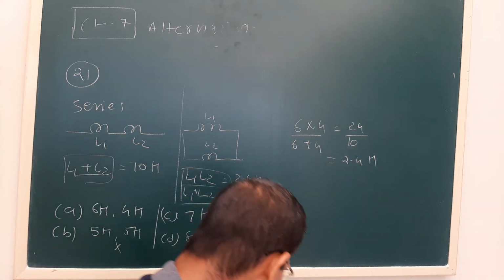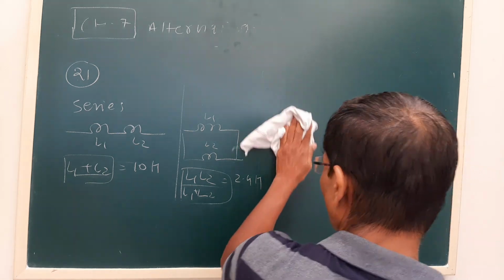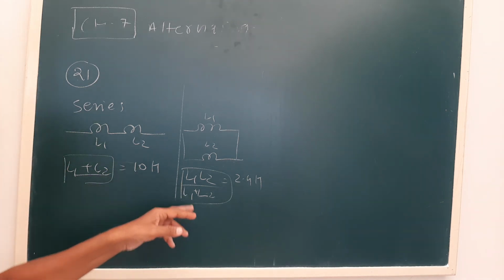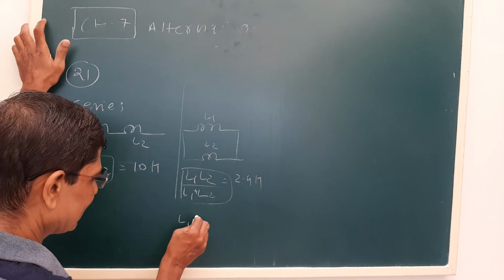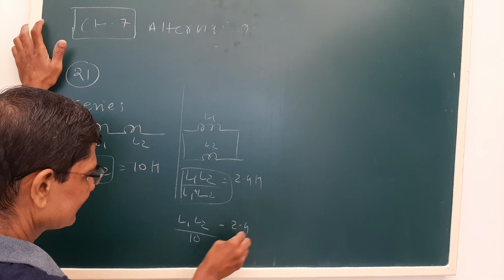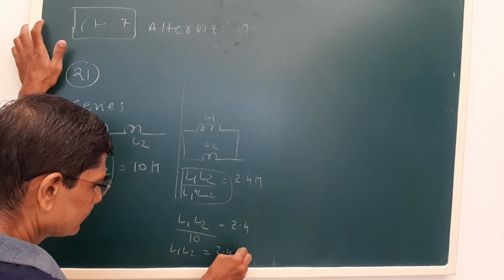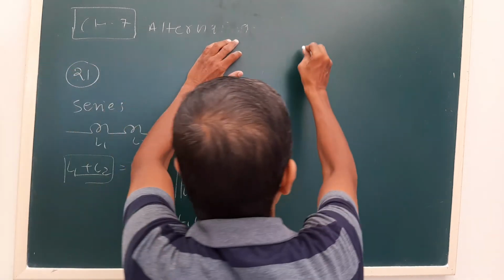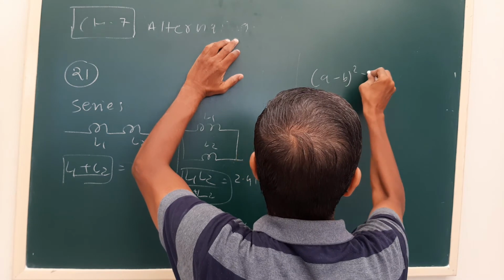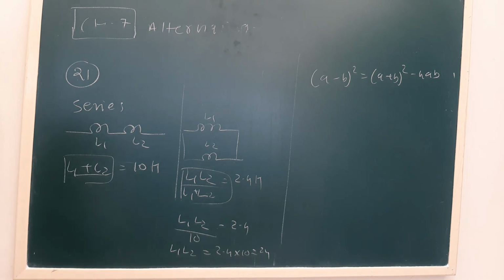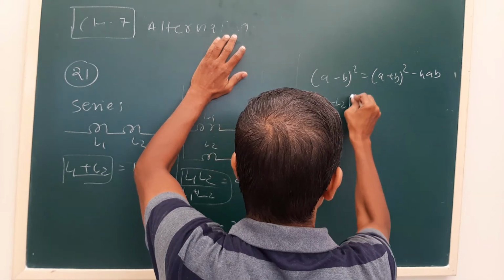Okay, so this is the trial and error method. The conventional method I should show you, then it will be easy. Now see, in the series connection the inductor value will increase, so that is 10. Parallel connection, it is 2.4, that is given. So if I substitute L1 plus L2 is 10 here, L1 L2 will be 24. We have to use some algebra here. Now recall our identity: L1 minus L2 whole square.